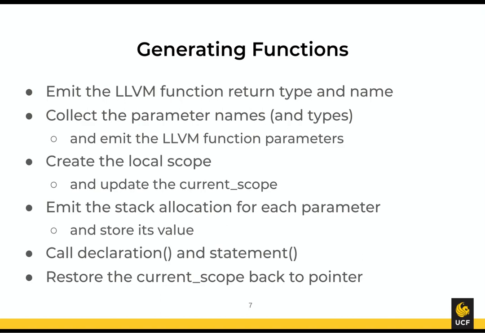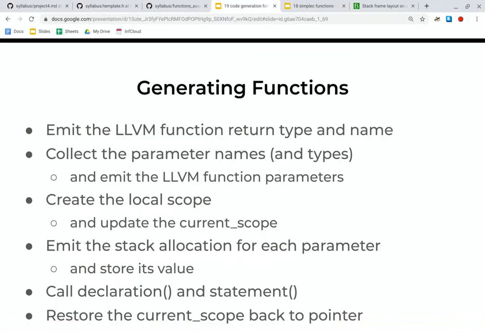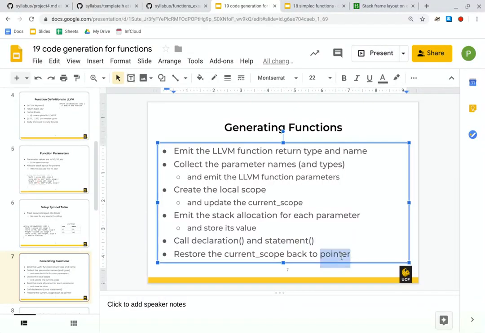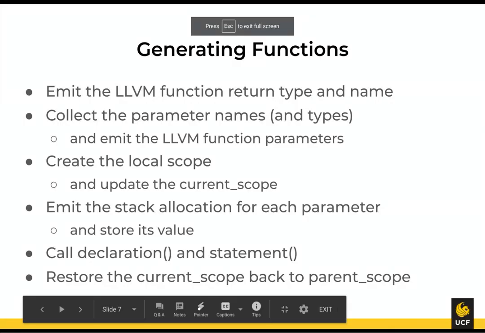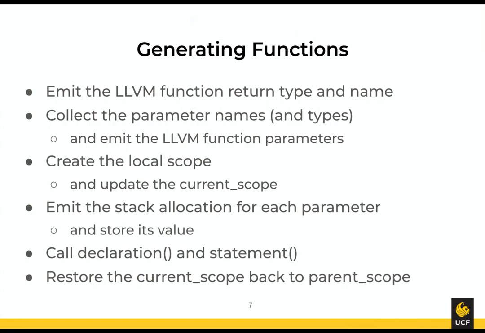Finally, when we're done, we restore the current scope back to the parent scope. If you're not doing nested scopes, there are only going to be two: the global, which always has functions, and the local, which you construct for each function that you compile.